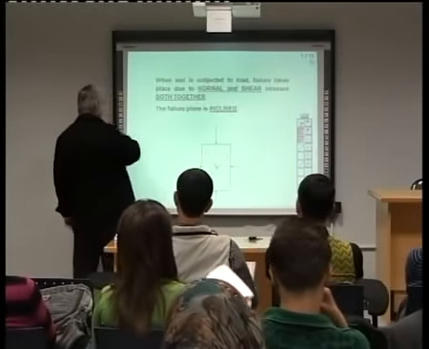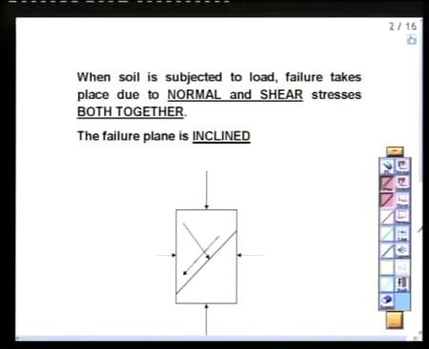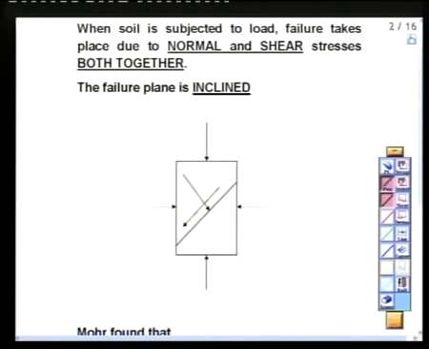Now, you remember when we studied Mohr circle, we had this kind of figure, right? If we have a soil and this soil is subjected to normal stress, sigma y, and axial stress, sigma x, and shear, tau xy.